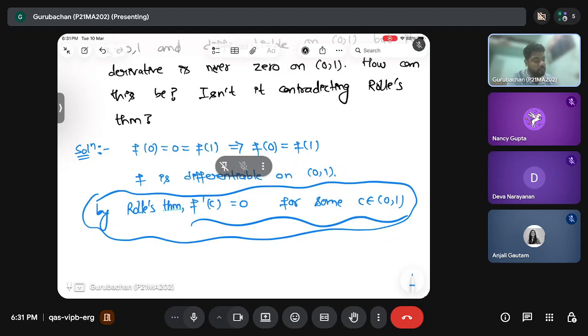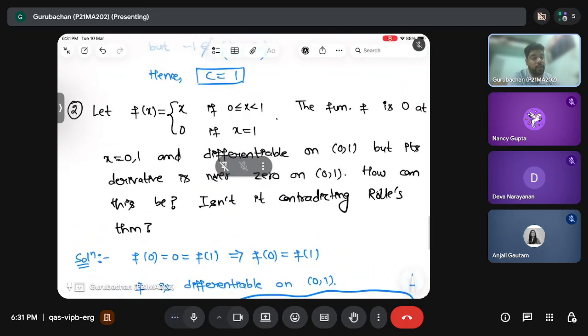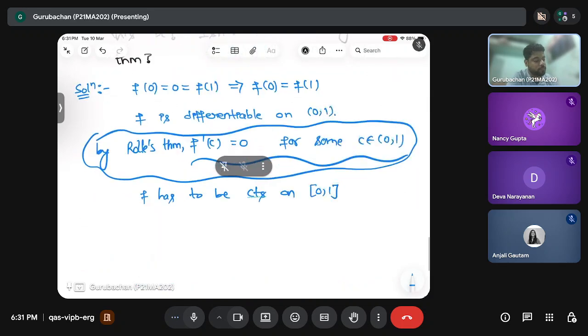F has to be continuous on the closed interval [0, 1]. If you observe here, the function is breaking at 1.